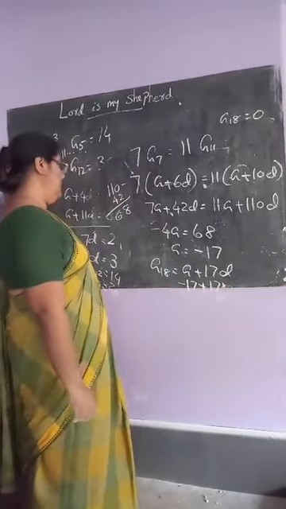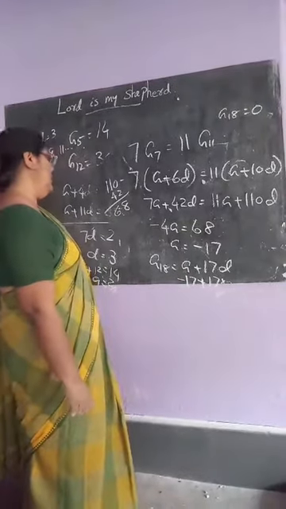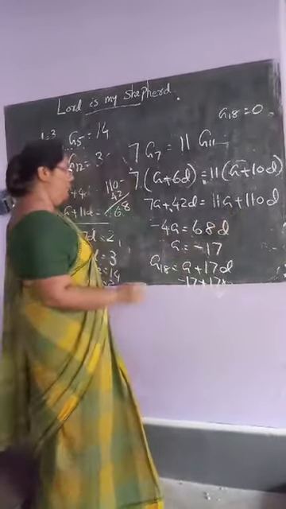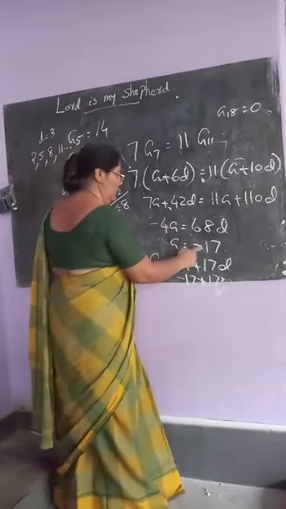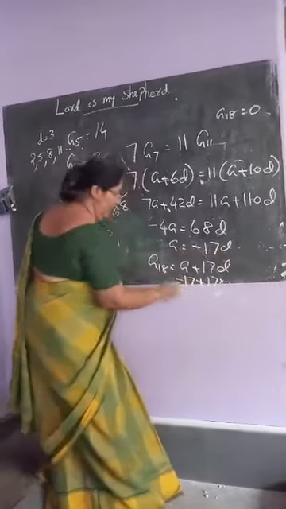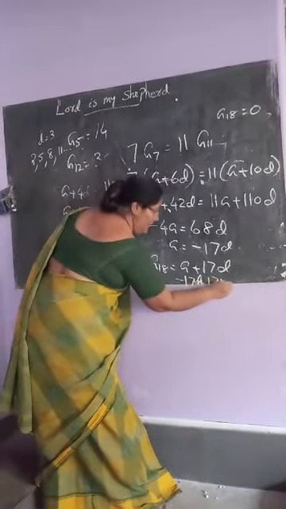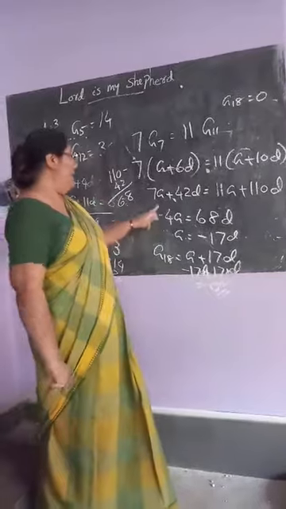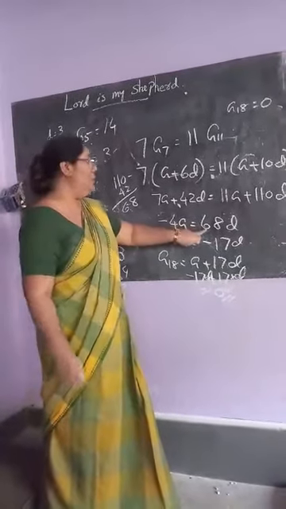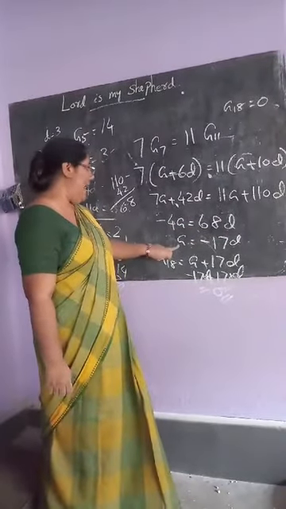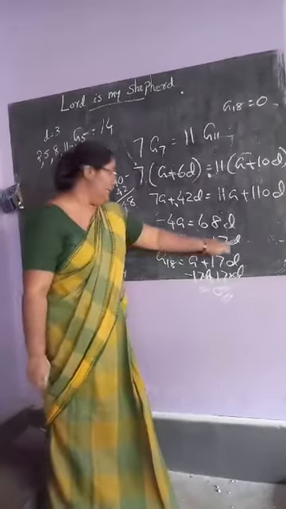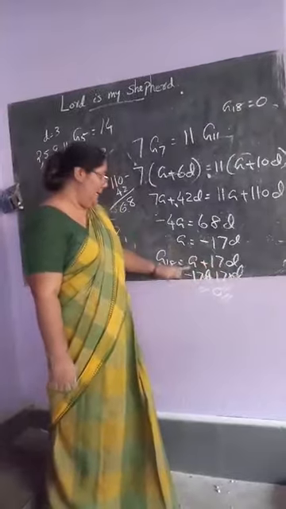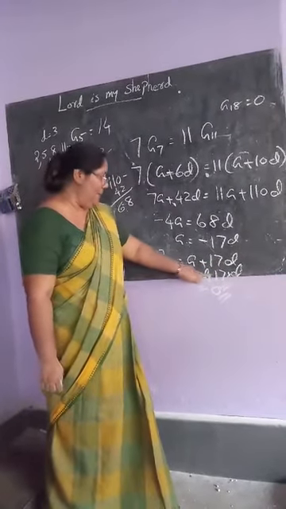Minus 17D. Now we substitute here: A plus 17D means minus 17D plus 17D, which is equal to 0.